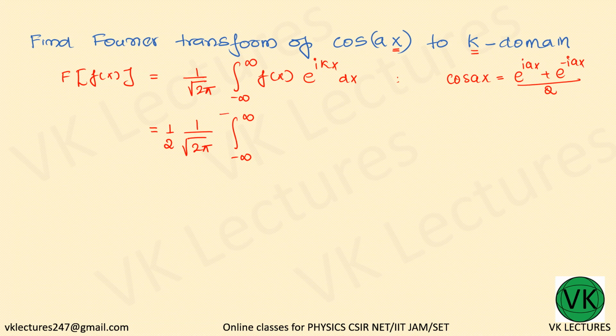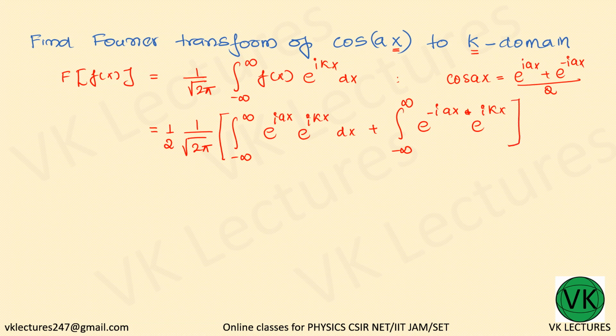So integral from minus infinity to infinity e to the power iax into this term, that is e to the power ikx dx, plus integral from minus infinity to infinity e to the power minus iax into e to the power ikx.